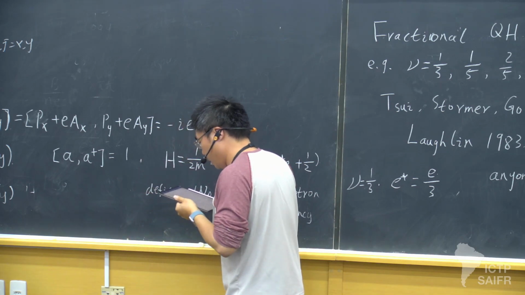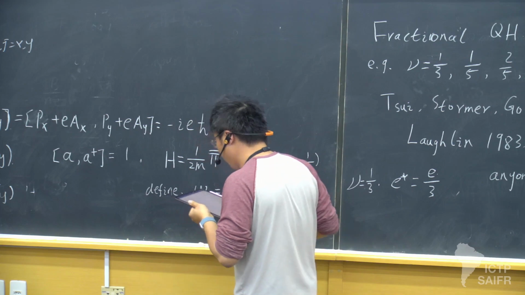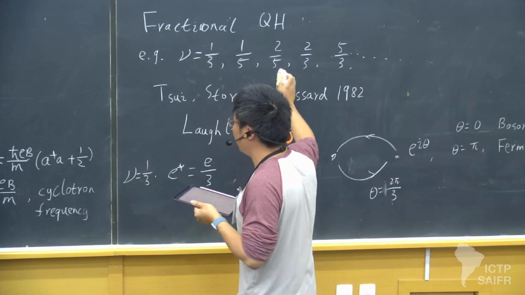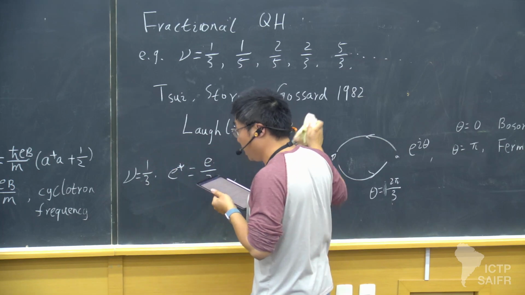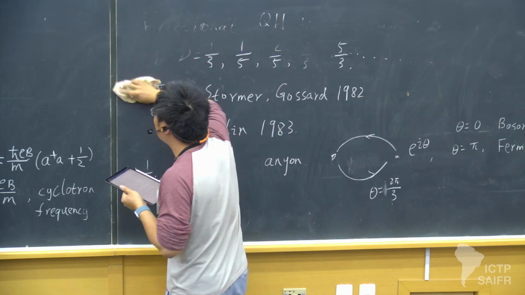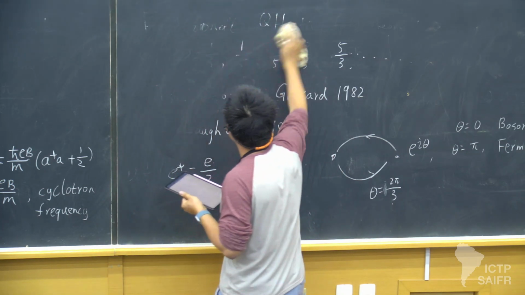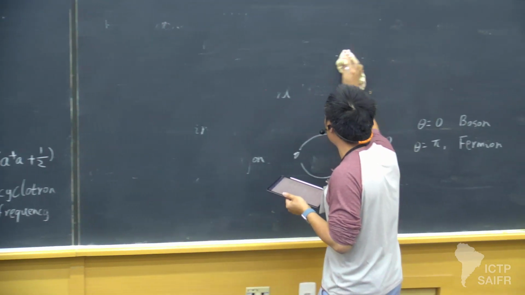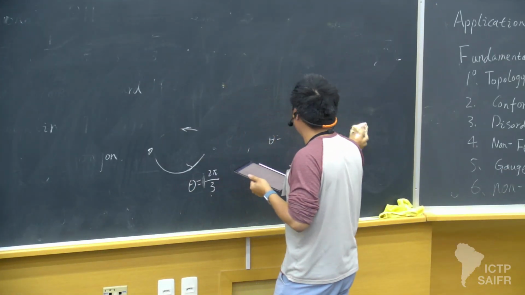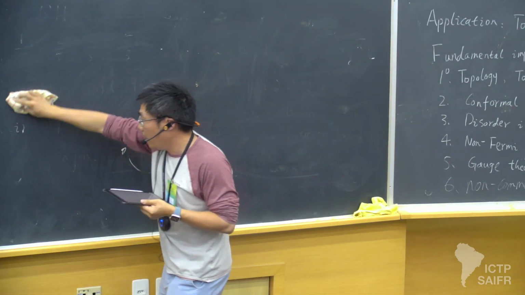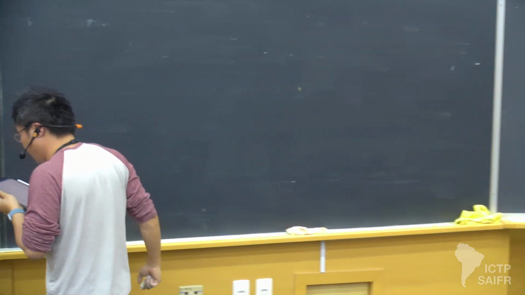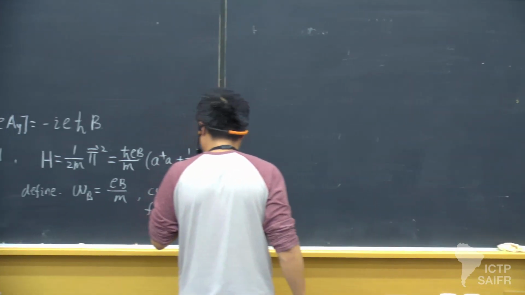Okay, so we can solve this. As I said, it's immediately clear that the energy levels of this single particle Hamiltonian will be quantized, and we can write them down just like what we have for the harmonic oscillator.